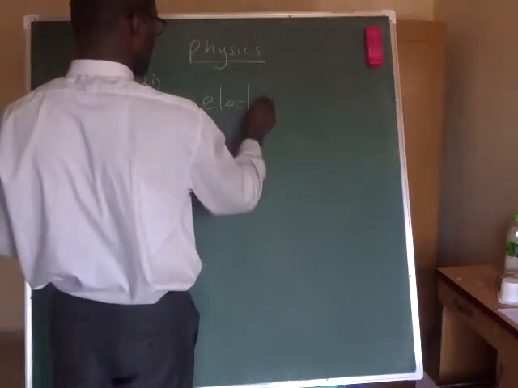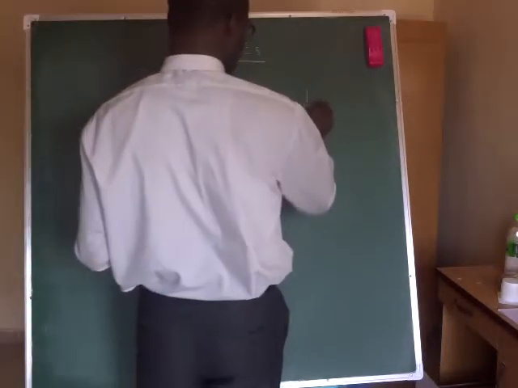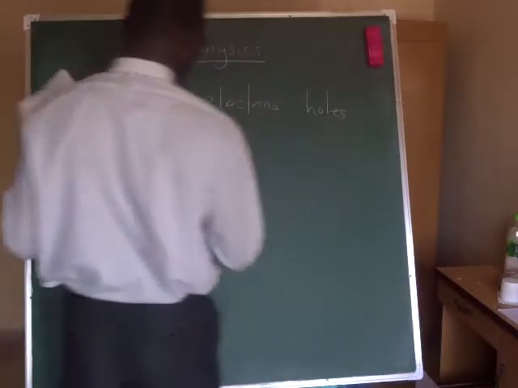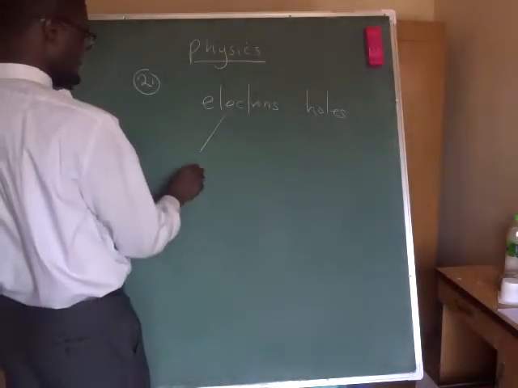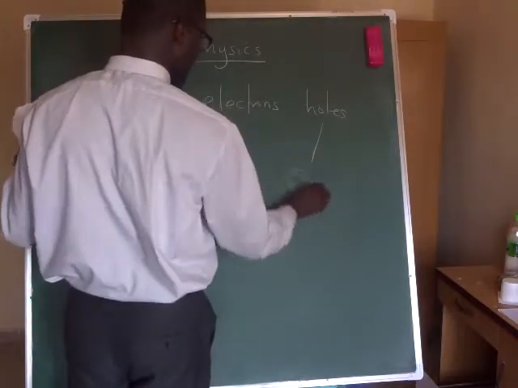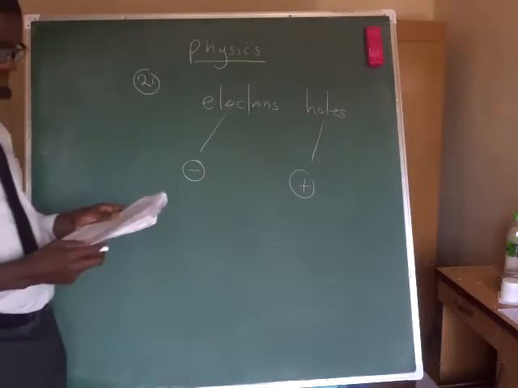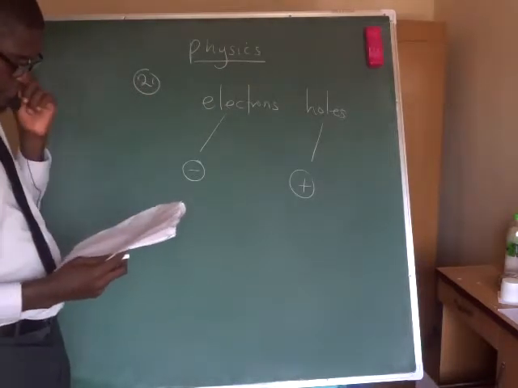Electrons are the carriers of negative charges, while holes are the carriers of positive charges. So electrons and holes are the carriers of charges in semiconductors. Option A.